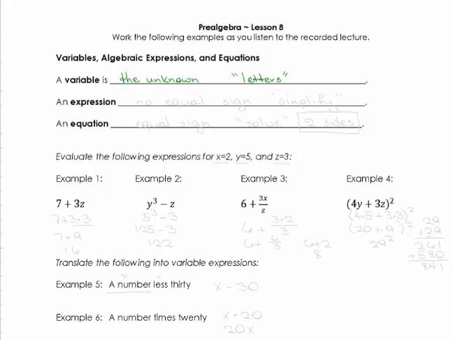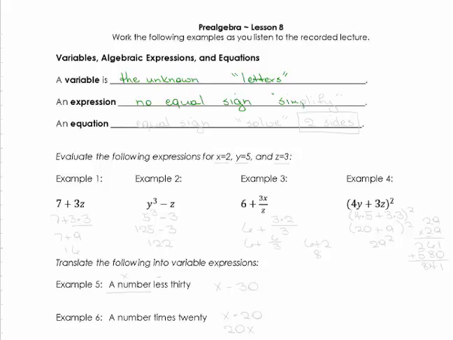An expression is very easy to tell from an equation, and these two are pretty important that we can differentiate between. An expression has no equal sign in an expression, and we always simplify.